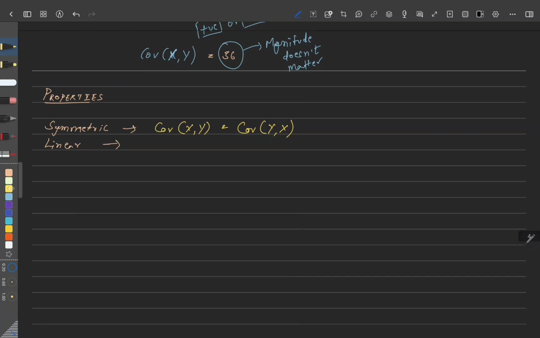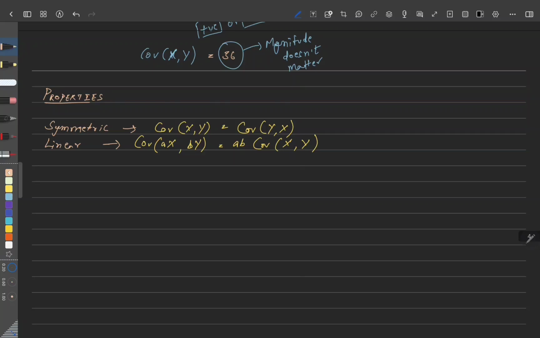What this means is that covariance of ax comma by, where a and b are constants, is equal to a times b times the covariance of x and y. Because ultimately you are multiplying both the terms, you can simply take out the constants. You can try this out as well by applying all these things in the formula, and you would understand what we're trying to say here.